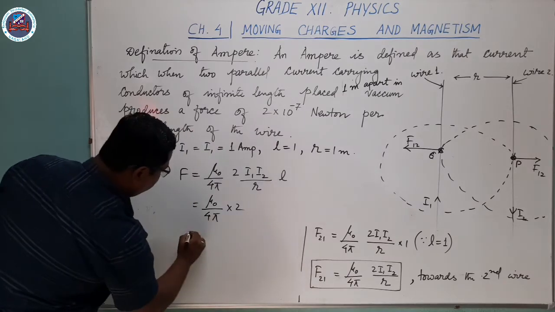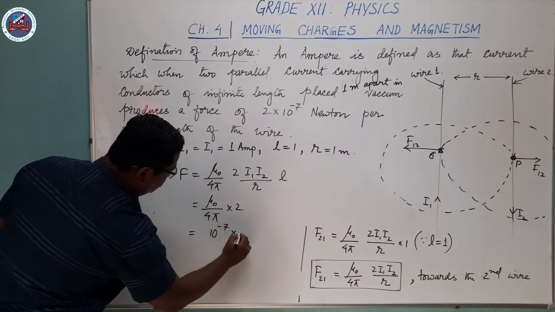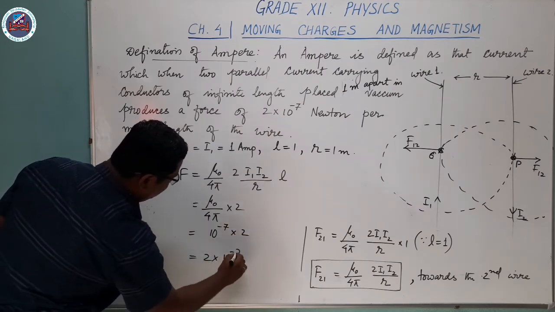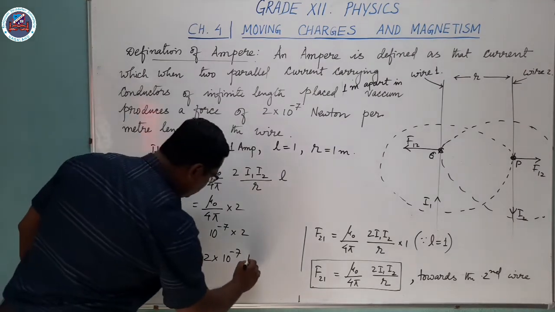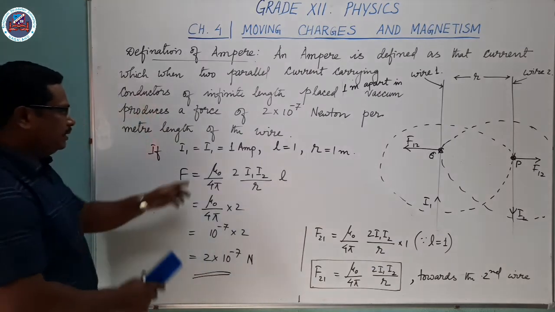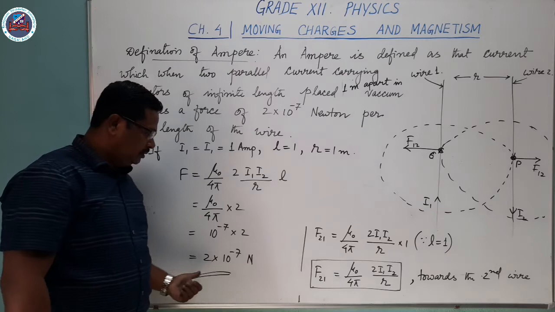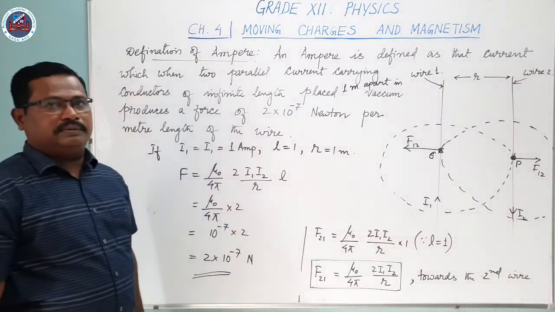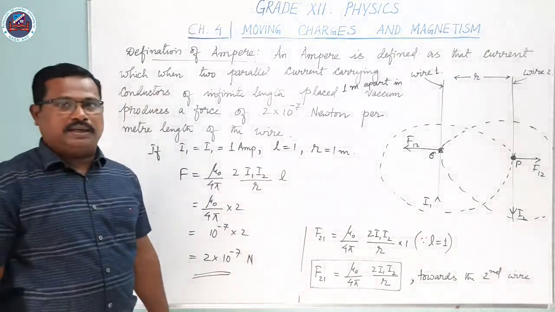Mu naught by 4 pi value is 10 to the power minus 7, into 2. Or we write this as 2 into 10 to the power minus 7. And the force unit, we know, is Newton. So when the current flowing through them is 1 ampere each, the force of attraction or repulsion should be 2 into 10 to the power minus 7 Newton. This is how 1 ampere of current is defined.